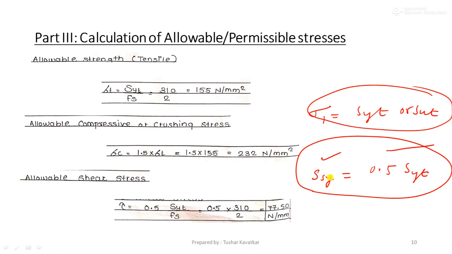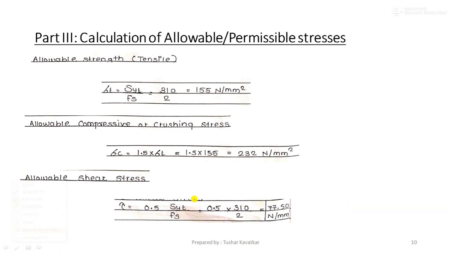Now to calculate the allowable shear stress, we will use the maximum shear stress theory. What does it say? Ssy is equal to 0.5 times Syt, right? Now we know that tau, that is the allowable shear stress, is equal to Ssy, the yield strength in shear, upon factor of safety.